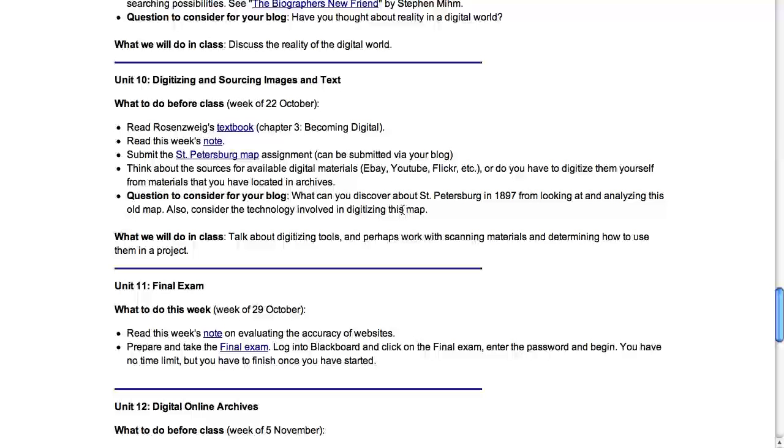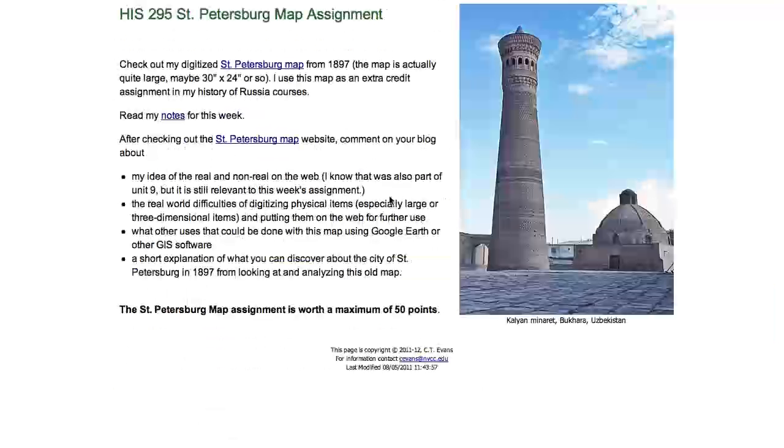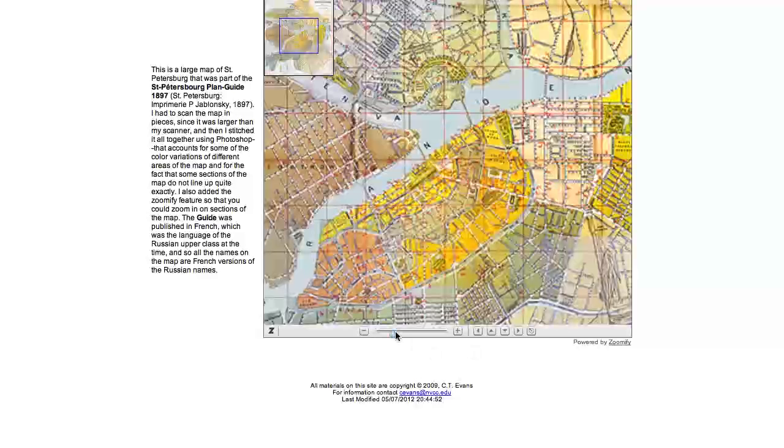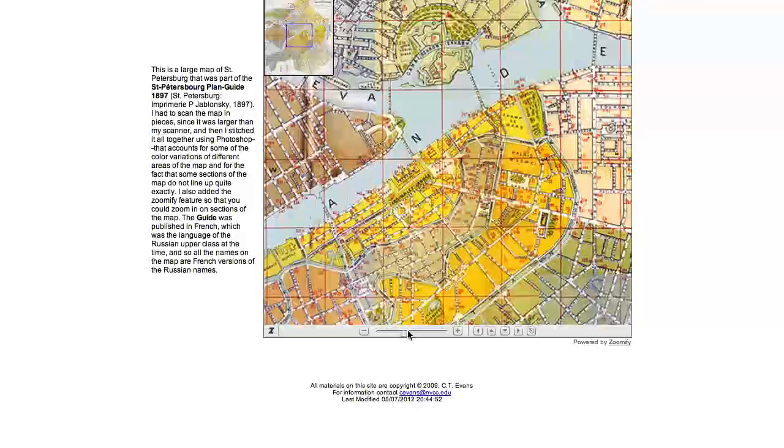Now, the other thing in this week's unit is the St. Petersburg map assignment, and this is to give you some idea of the difficulties of actually digitizing some materials. Like I explained here, the St. Petersburg map is actually a pretty large map.